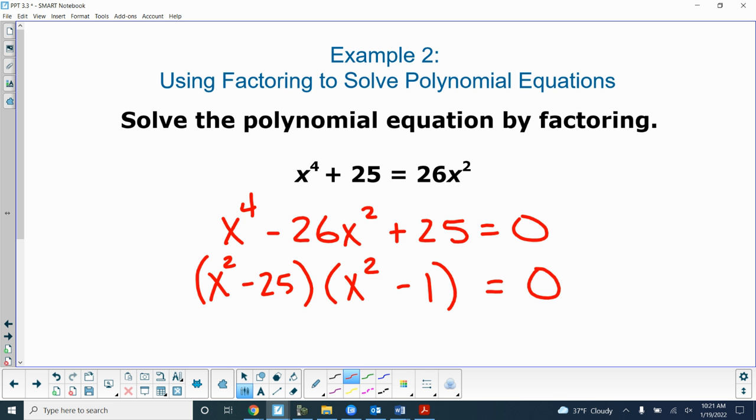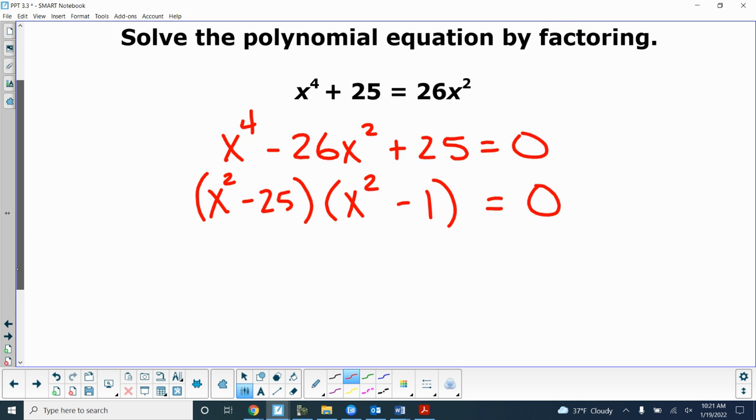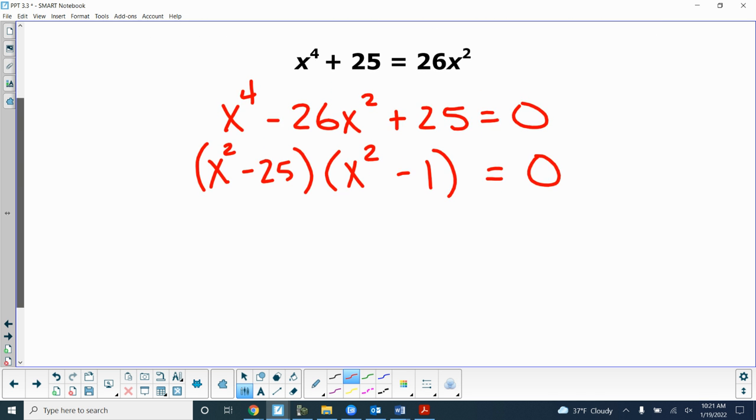Just split that exponent in half. Okay, is that finished factored? No, those things are called what? Yeah, those are difference of squares, right? So for this difference of squares, I make two sets of parentheses. And for the second difference of squares, I can make two sets.